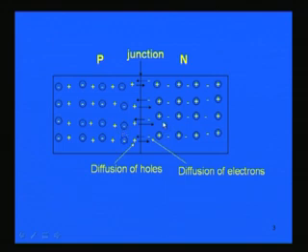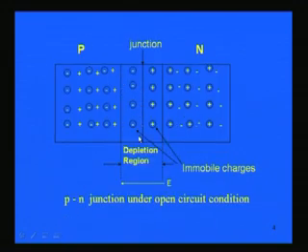Similarly, on the n side, the donor ion had a free electron attached to it, so charge neutrality was also conserved. But now, because of the recombination of holes and electrons, these charges of the ions become uncovered. That means there are no carriers along with them. So, they are now uncovered negative charge on the p side, and uncovered positive charge on the n side.